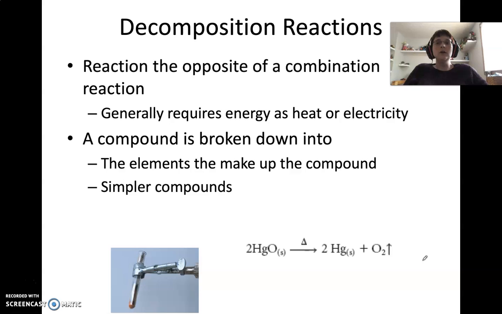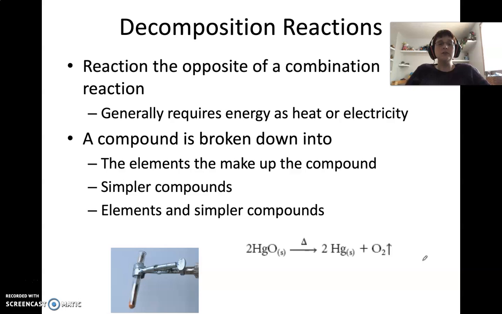But you can have big complex compounds that in a decomposition reaction break into smaller compounds. So they just break into smaller, simpler compounds from that big version. And just like a combination reaction, you can get a combination of elements and simpler compounds from this decomposition reaction.